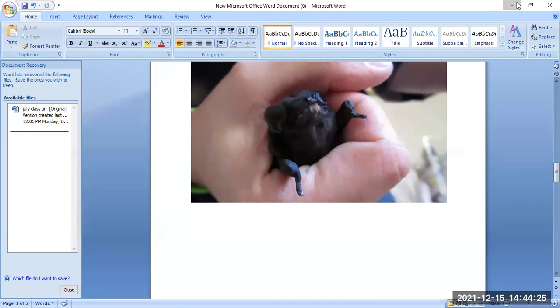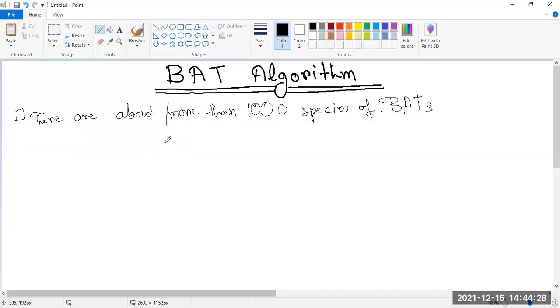If you want to see this, there are three types of bats. First one is micro bat, and this is the mega bat.